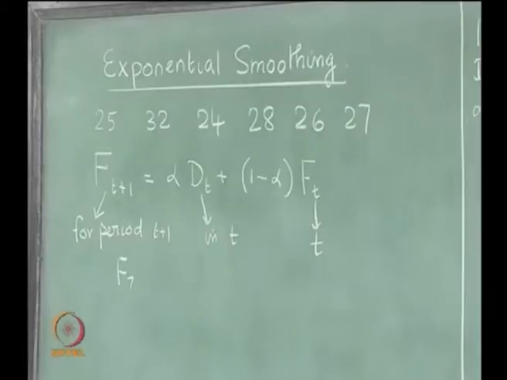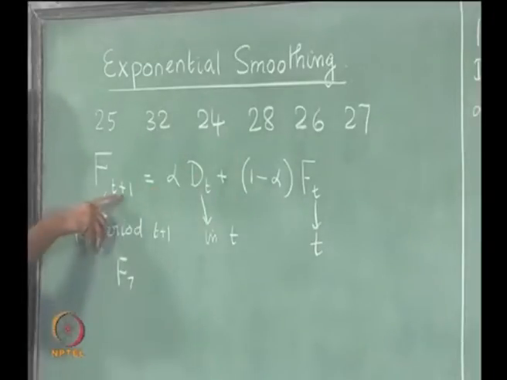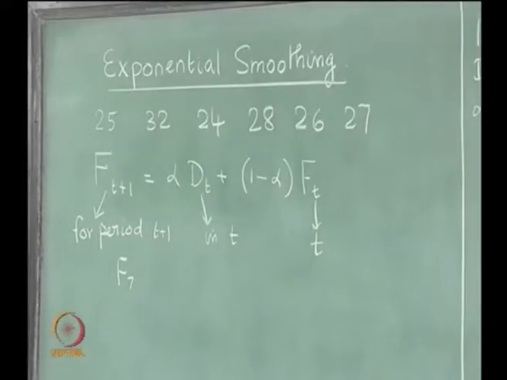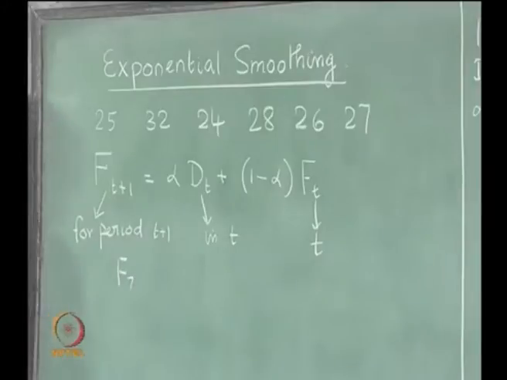Once again, let me repeat that I am using this notation F t plus 1 is equal to alpha D t plus 1 minus alpha F t. I am defining F t plus 1 as forecast for period t plus 1. There are other notations possible. Right now it is a bit too early to describe other notations, but as we move along at a suitable time, let me compare this with other notations and explain the significance of this notation.